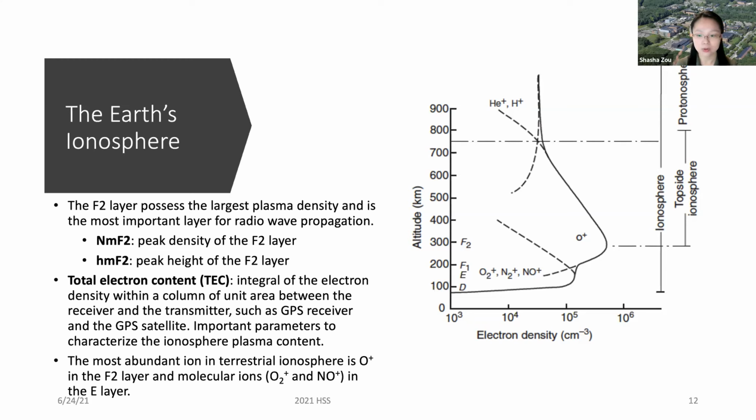So for example, in the US, we use GPS a lot. So the total electron content can be between the ground receiver and all the way to above 20,000 kilometers where the GPS satellite is. So if you add all of those electron content together, that gives you the total electron content. Okay. You will see that the total electron content is a very important parameter to use. In some of the later slides, I will refer back to this concept as well.